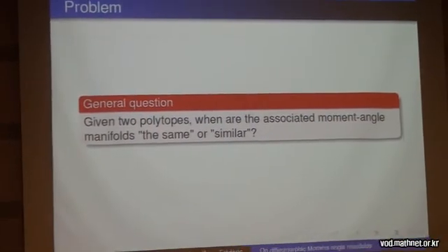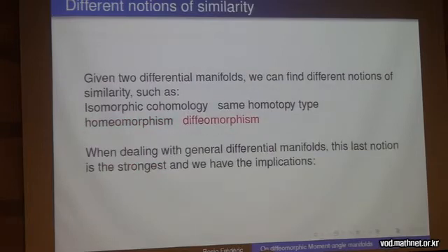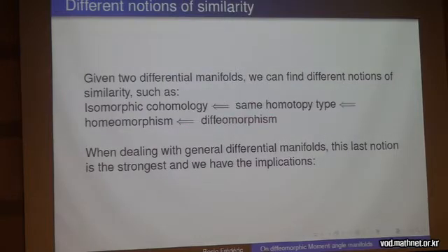When you consider a general differential manifold, similarity can concern cohomology, can concern homotopy, can concern topology. The strongest is differential structure. And you know there are some notions that are stronger than others.